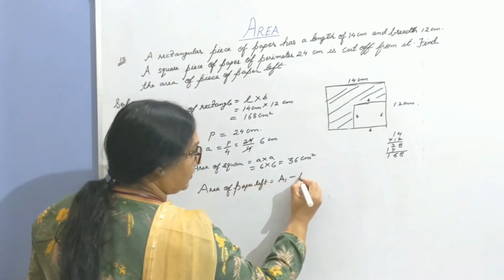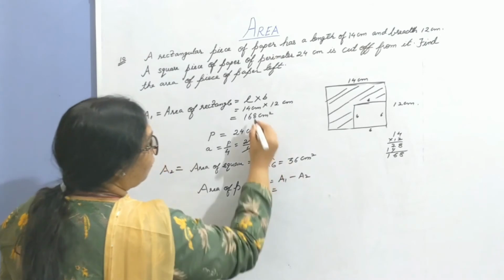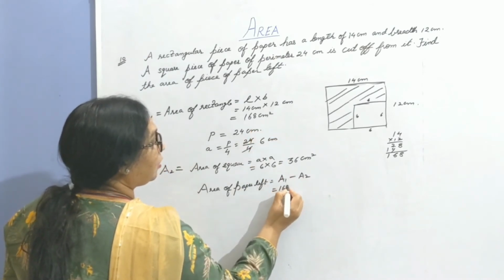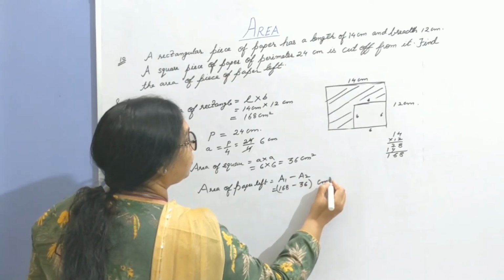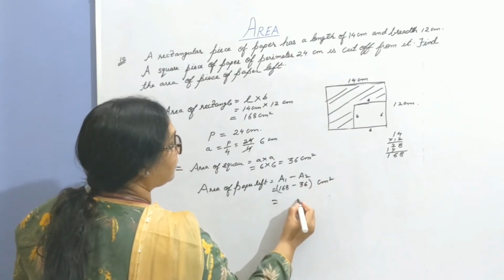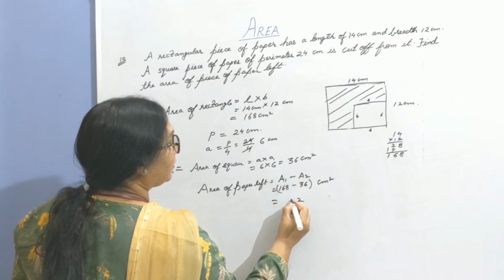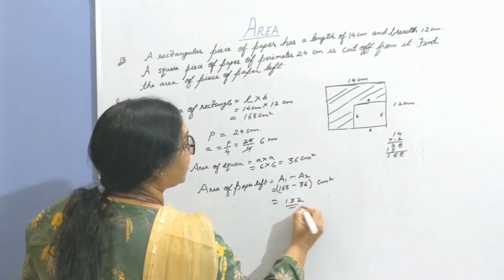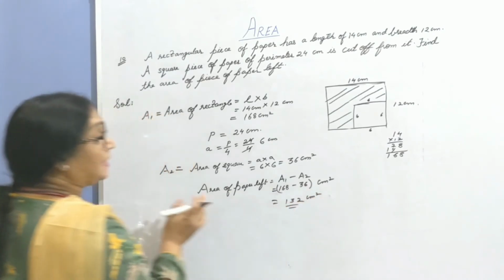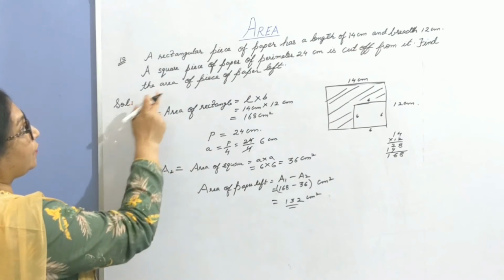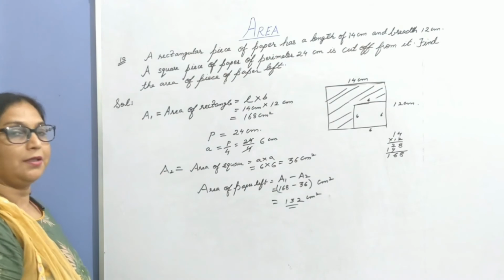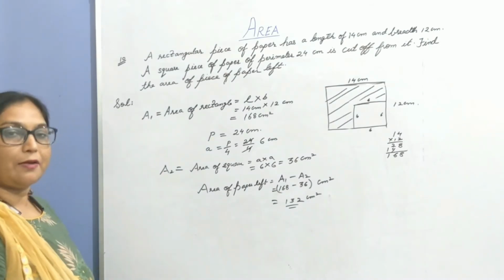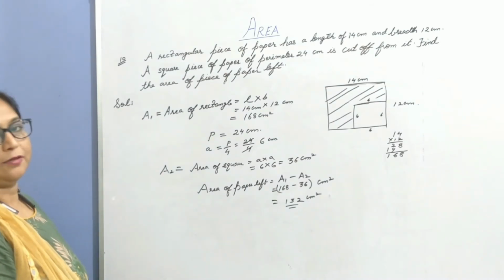Area 1 minus area 2, that is 168 minus 36 centimeter square. So remove it. 8 minus 6, 2. 6 minus 3, 3, 1. 132 centimeter square is the area of the piece of paper left. This is how we calculate the remaining or the leftover area.